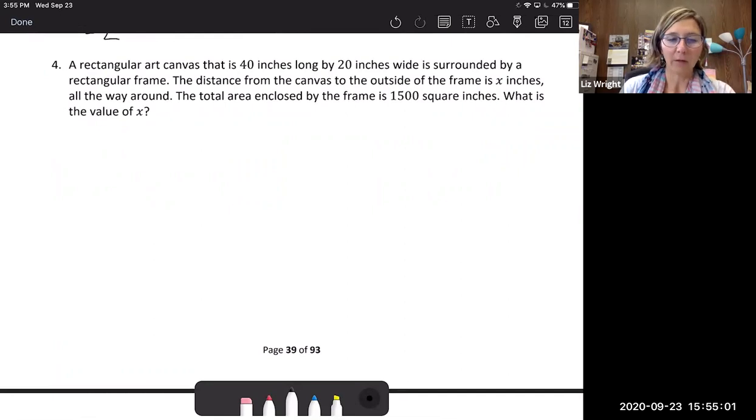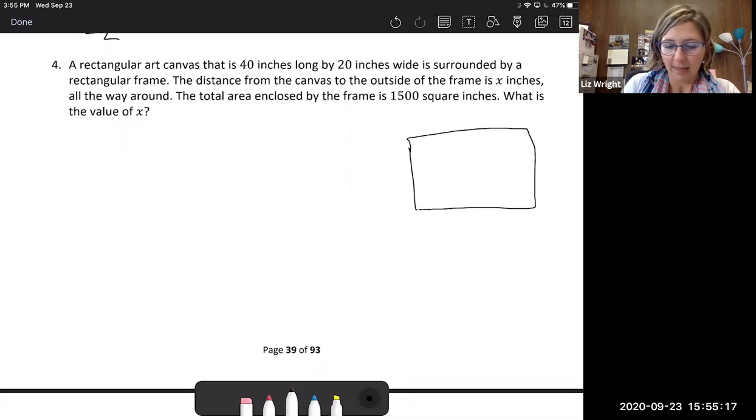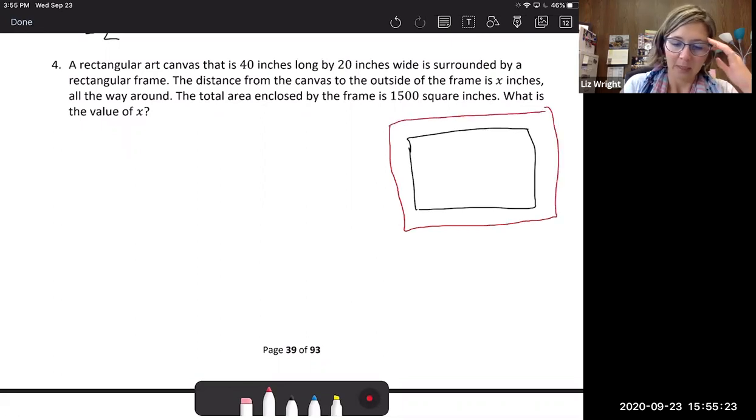A rectangular art canvas that is 40 inches long by 20 inches wide is surrounded by a rectangular frame. So let's draw a picture. So I've got my canvas. It's like this. And then I've got my frame that goes around it. Like that.